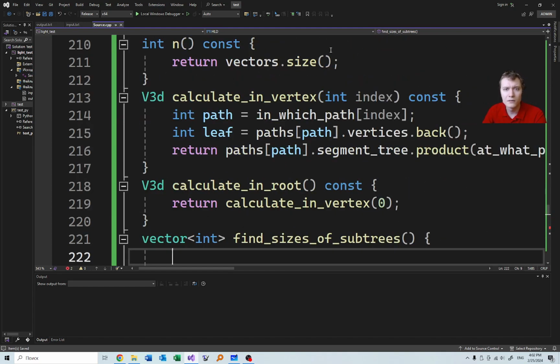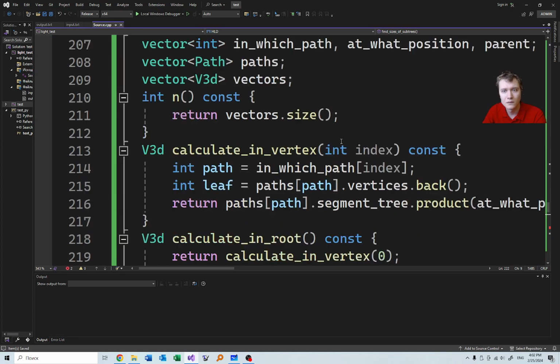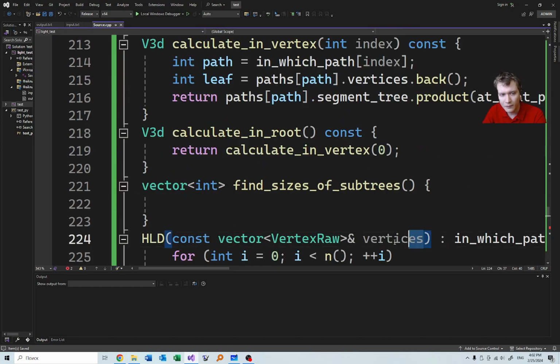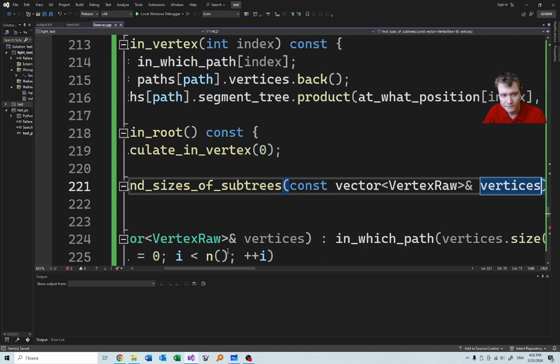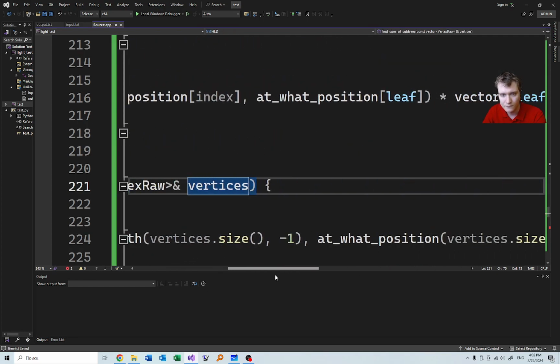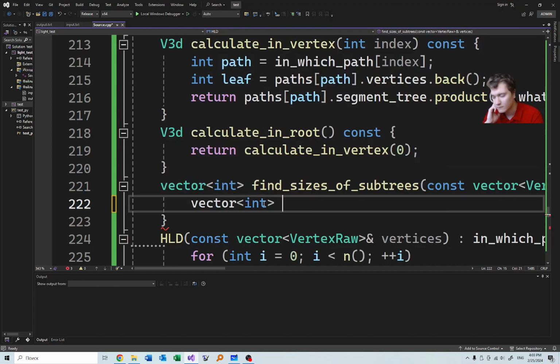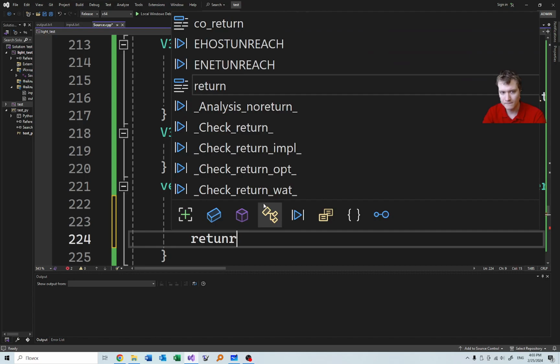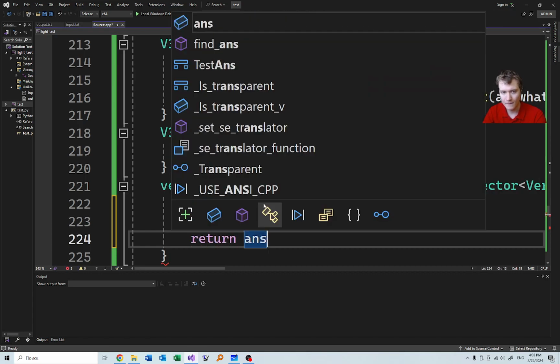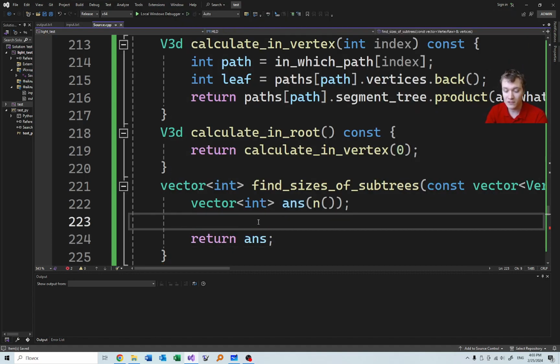We will use a vector of the vertices. So how do we do it? We do it with DFS actually.